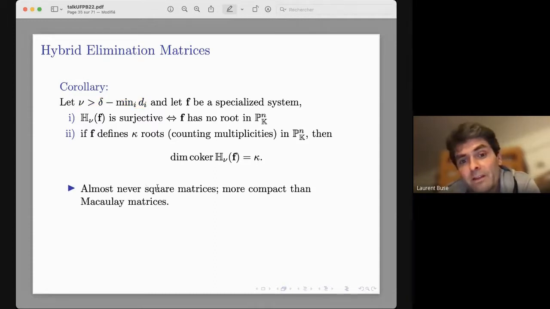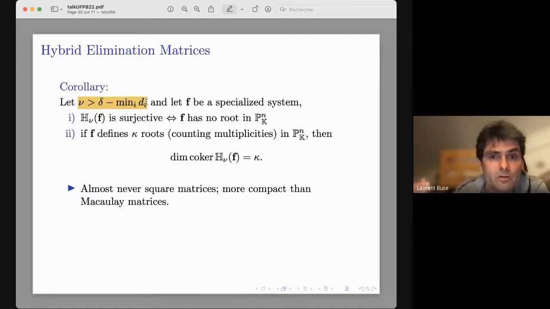So we have the same thing, that they are never square matrices, but they are more compact with respect to the Sylvester matrices, because have in mind that this integer here controls the number of rows. So it's much better if you can go below by the minimum of the di in terms of the number of monomials.